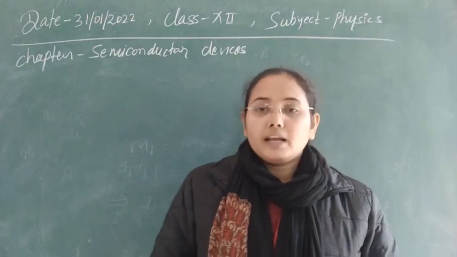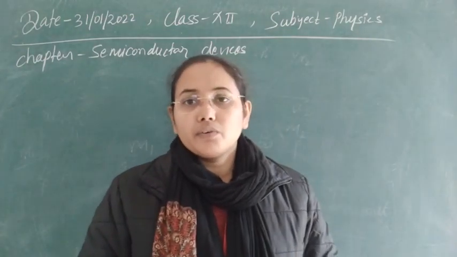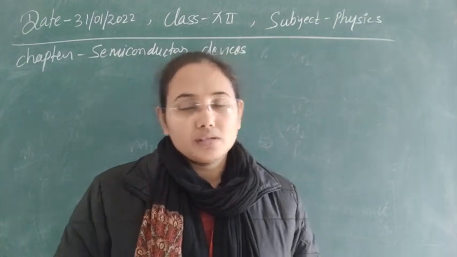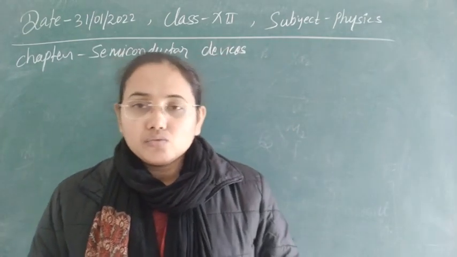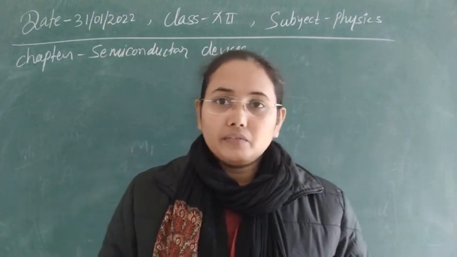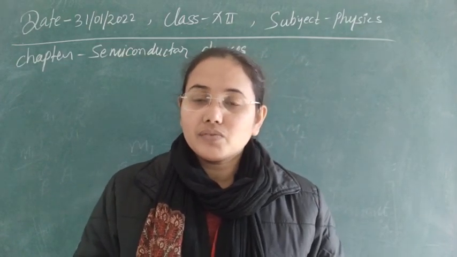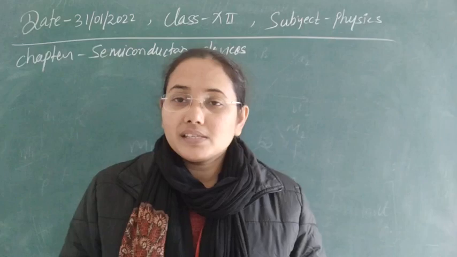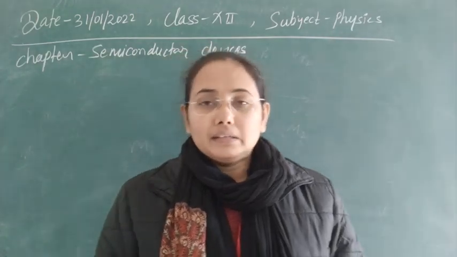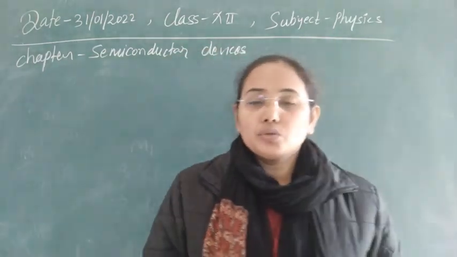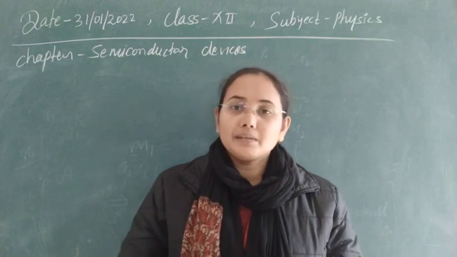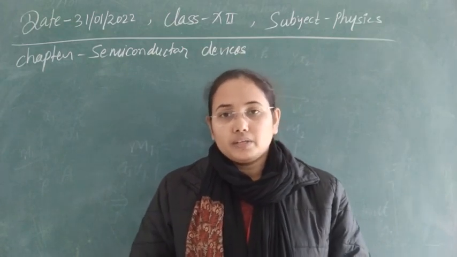Conductors are those materials for which the number of free electrons is very large, and insulators are materials where very few electrons are available for conduction. That's why conductivity is very low and resistivity is very high. And semiconductors are those materials whose range lies between conductor and insulator.